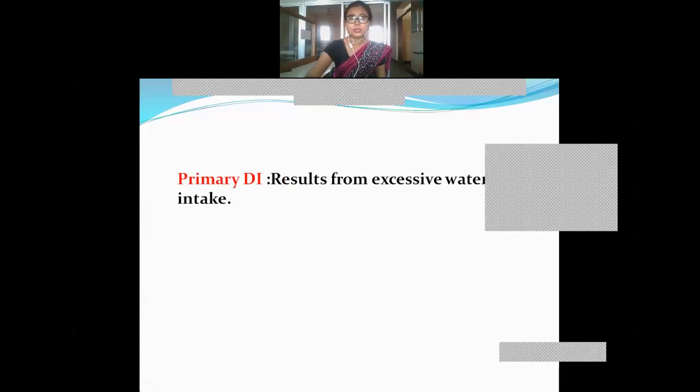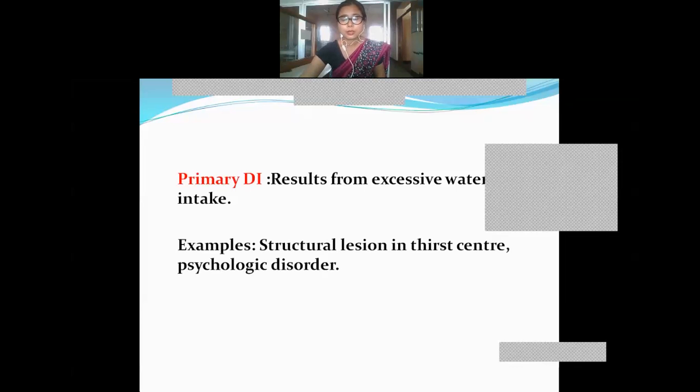And the last one is primary diabetes insipidus. This results when a person takes excessive water. Examples are structural lesion in the thirst center and psychologic disorder. When these conditions are present and a person takes excessive water, that can result in primary diabetes insipidus.